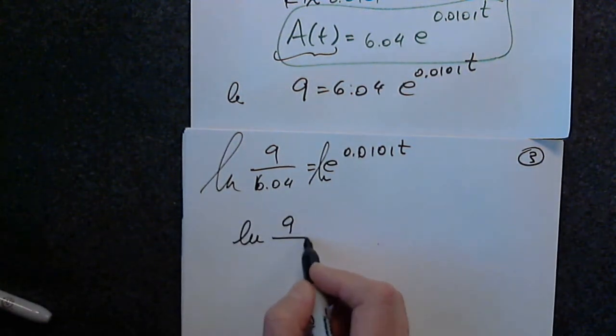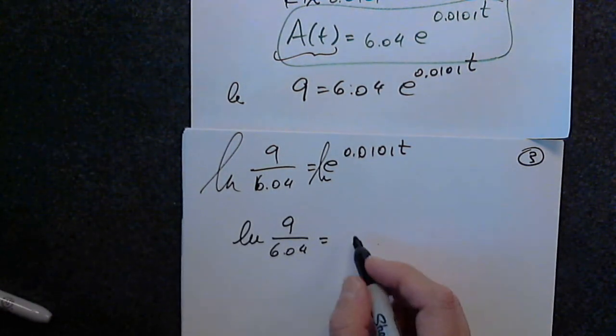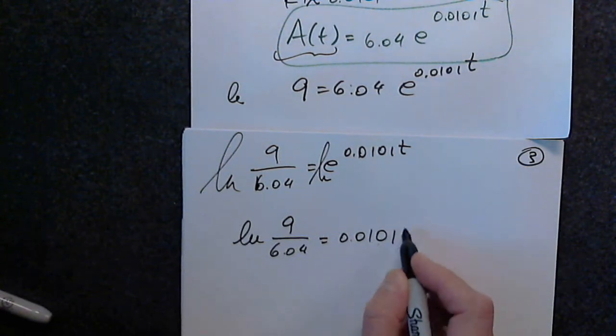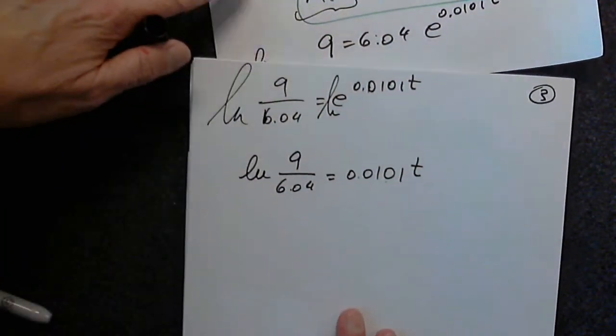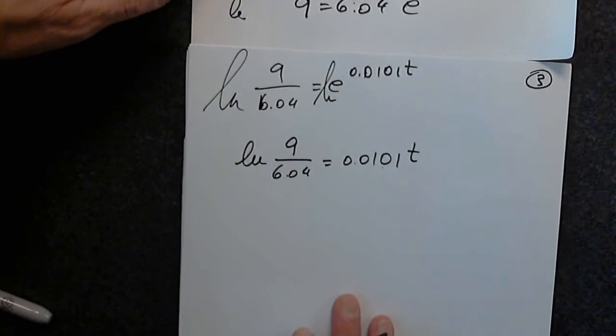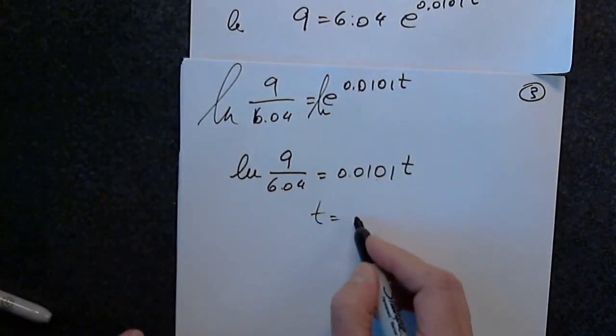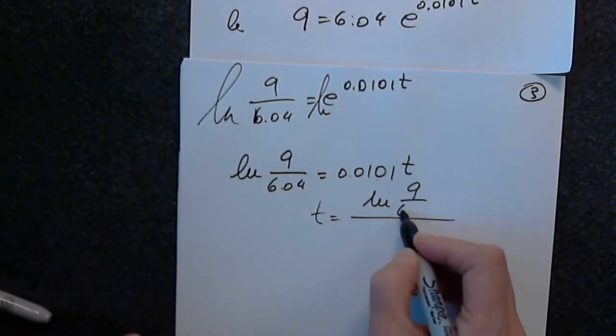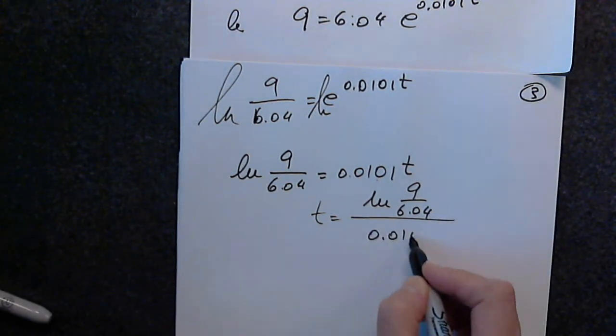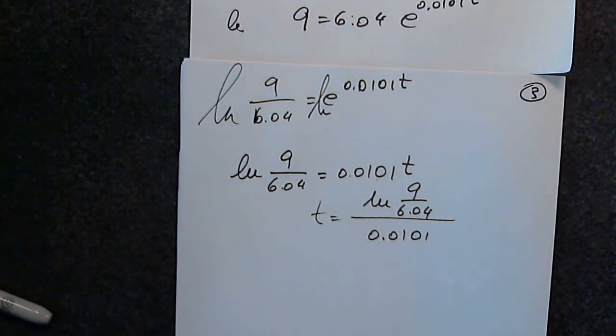So natural log of 9 over 6.04 will equal 0.0101t. And we divide both sides by t, like we just did. So natural log 9 over 6.04 divided by 0.0101.